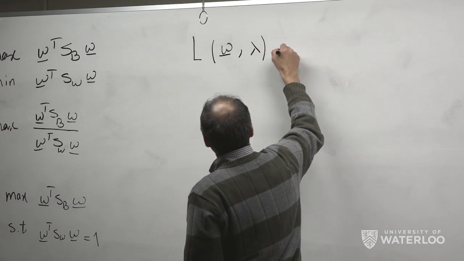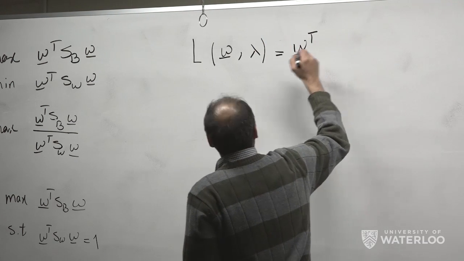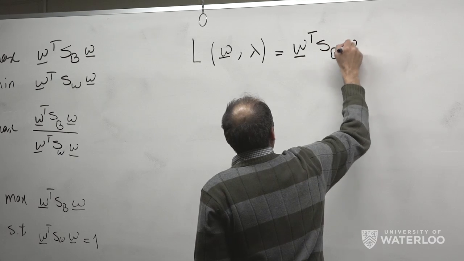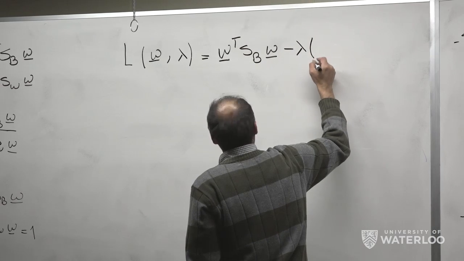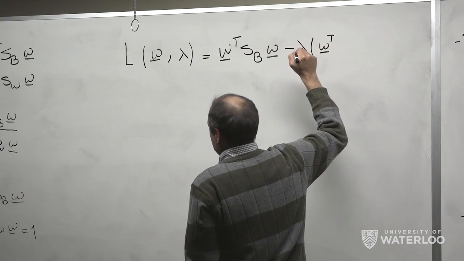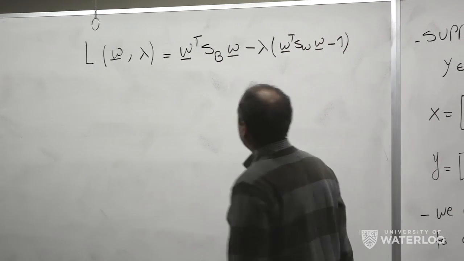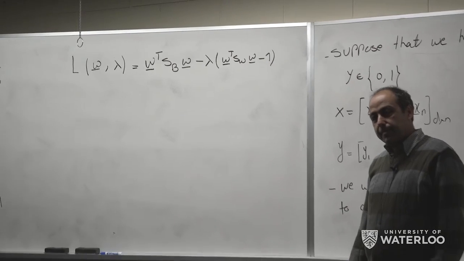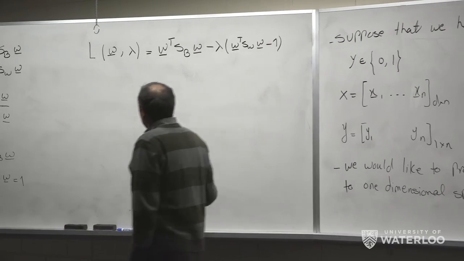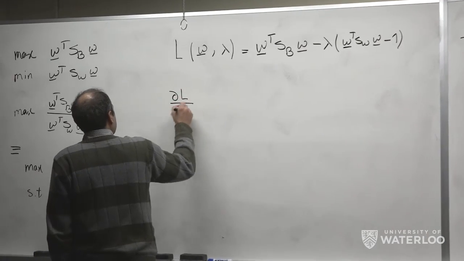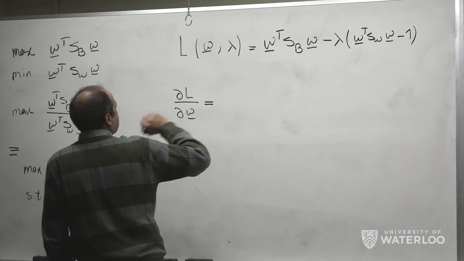It would be W transpose SB W minus lambda times (W transpose SW W minus 1). Take the derivative of the Lagrangian with respect to the primal variable and set it to 0.